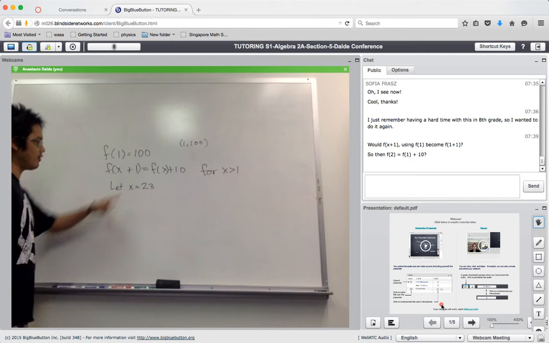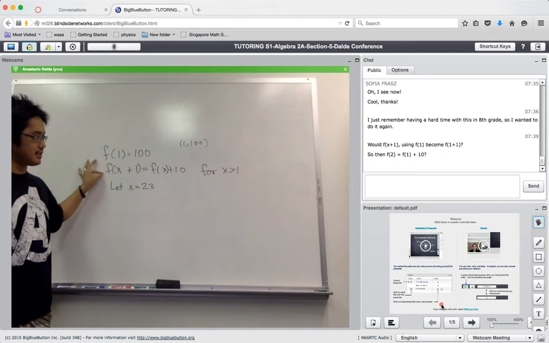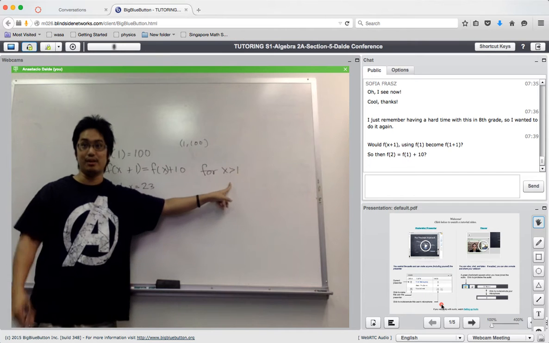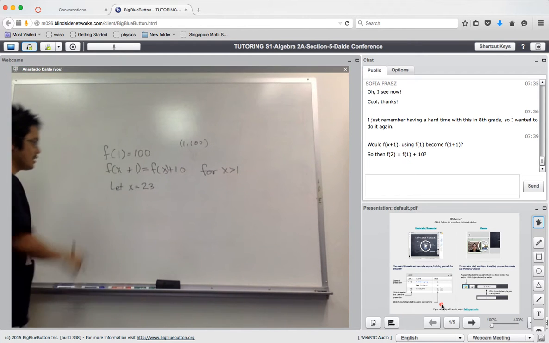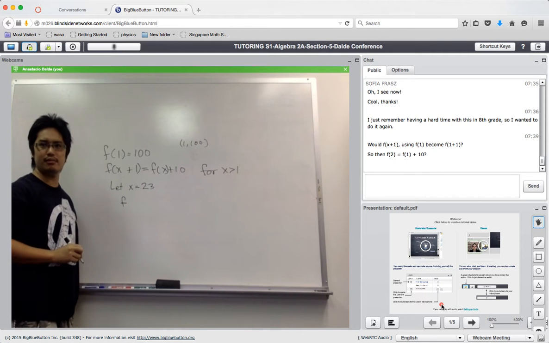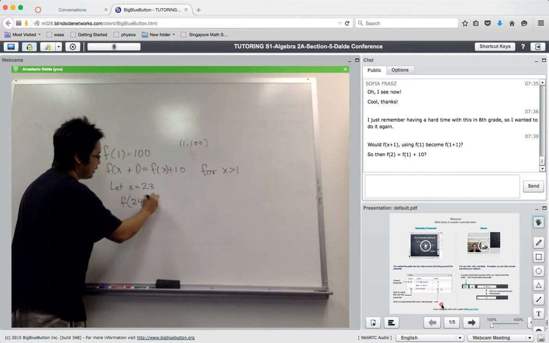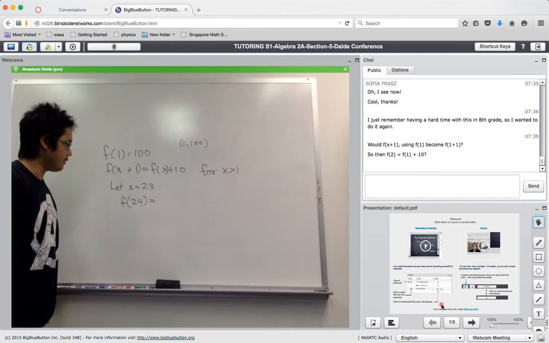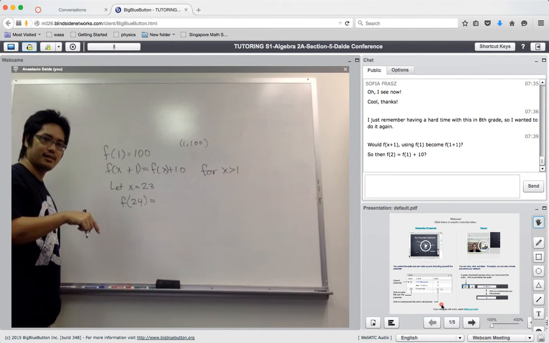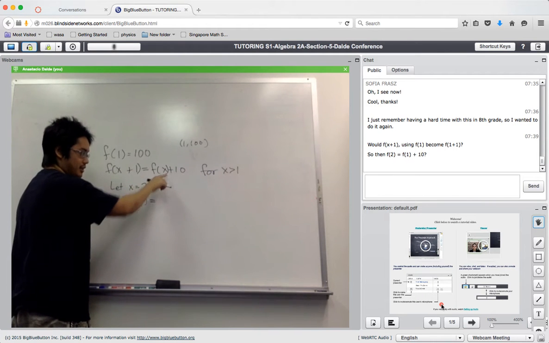Okay, so if I let x equal 23, I'm going to replace all my x's with the number 23, as long as it's a number that's bigger than 1. 23 is bigger than 1. So I'm going to plug 23 into here. So this would be f of 23 plus 1. What is 23 plus 1? 24. Equals f of what?